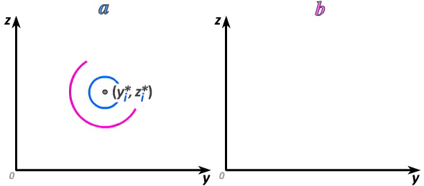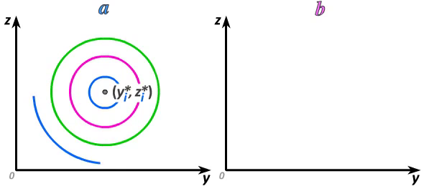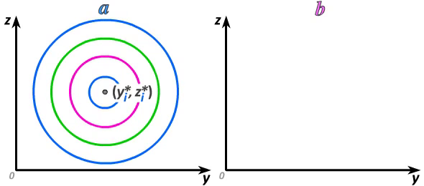The farther the indifference curve gets from her ideal point, the worse off she'll be. So she's worse off on the magenta indifference curve than she is on the small blue indifference curve. And she's worse off on the green than on the magenta, and worse off yet on the larger blue indifference curve.